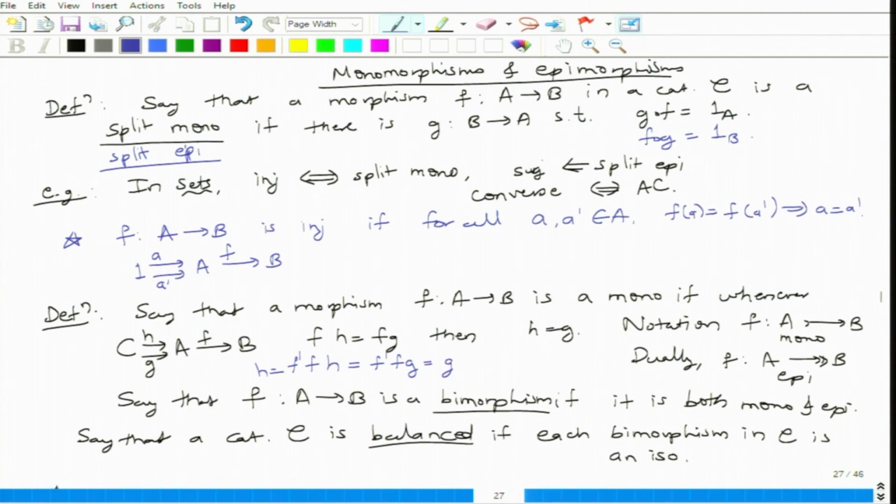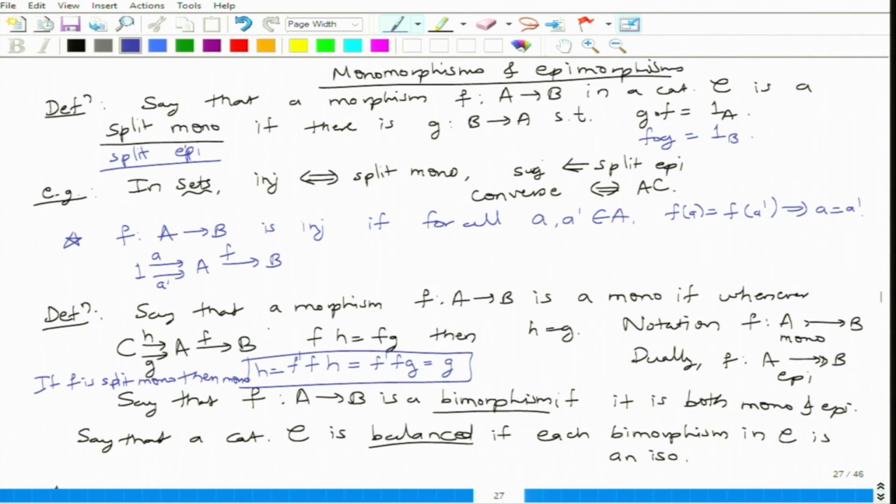So this is the proof that if F is split mono, then it is mono.